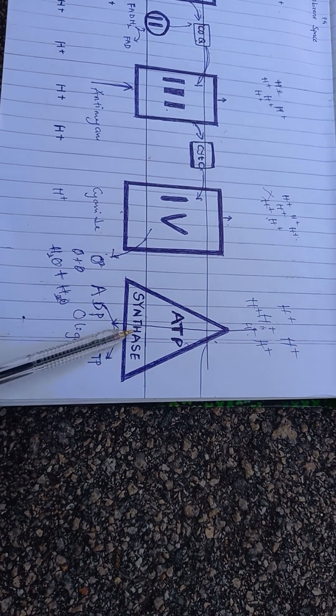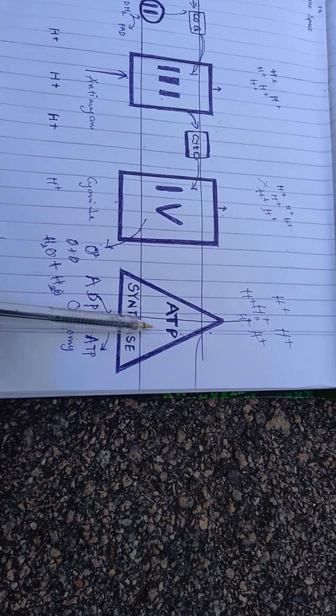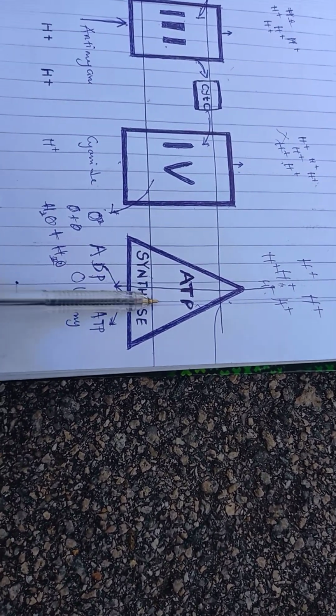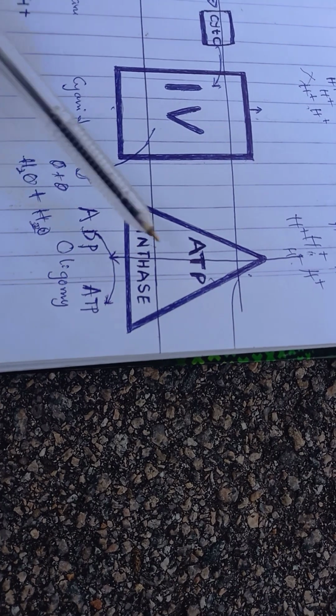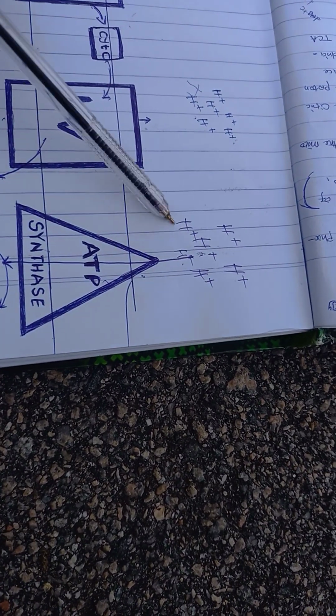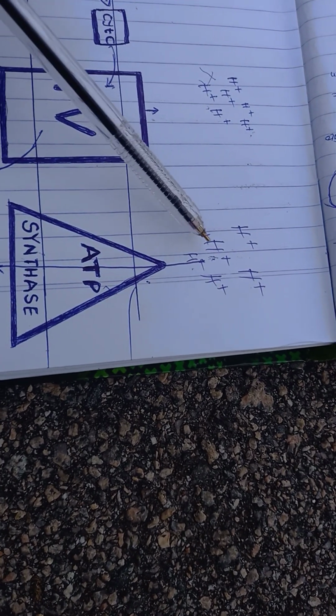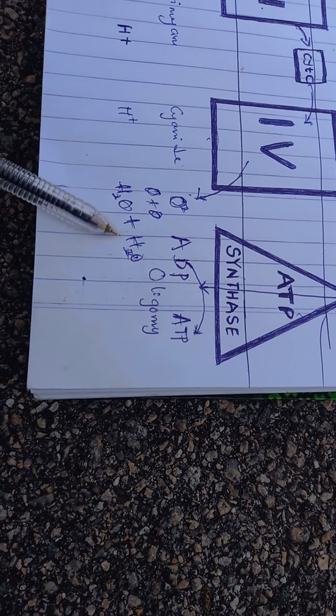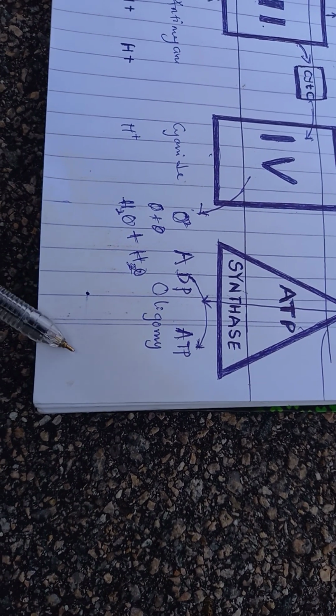So coming over to the ATP synthase now. ATP synthase is a kind of pump, or you can call it the ATP pump. Its work is to draw all these protons in the intermembrane space back to the mitochondrial matrix. How does it do this?